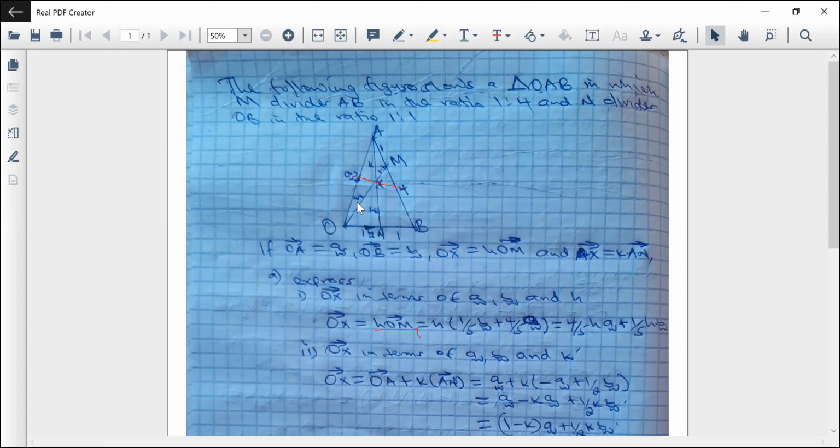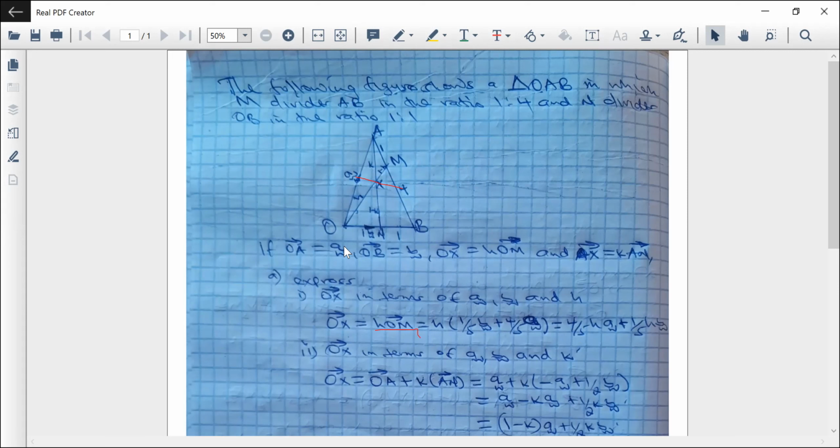I look at line OM, so this one between A and M, 1 over total of 5, I multiply by the opposite vector, which is vector B. That's why I have 1 over 5 vector B, plus, if I take 4 over total 5, I multiply by the opposite vector, which is vector A, which is 4 over 5 vector A. If you open the bracket, you get 4 over 5 H vector A and 1 over 5 H vector B. That is vector OX in terms of vector A, vector B, and constant H.